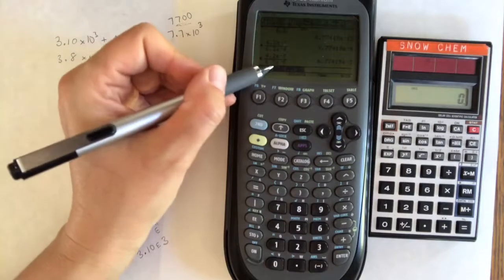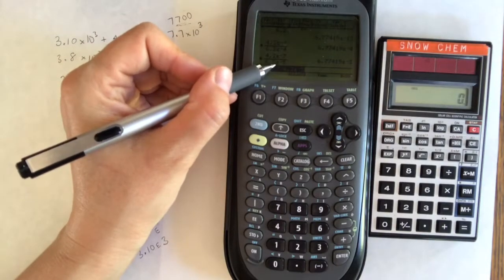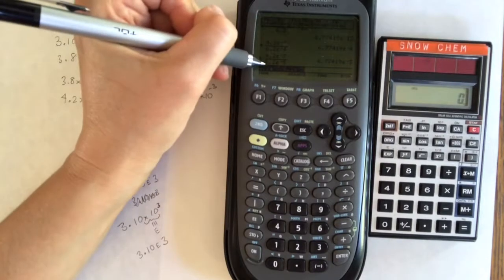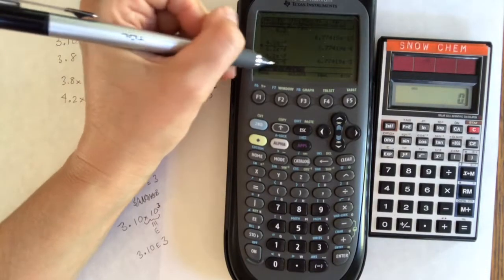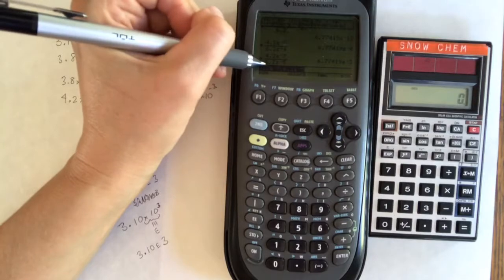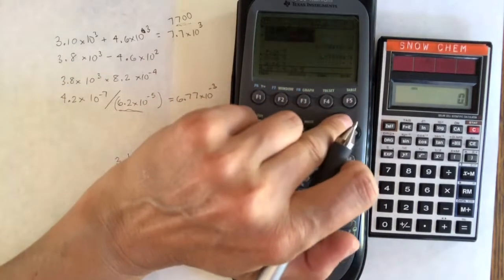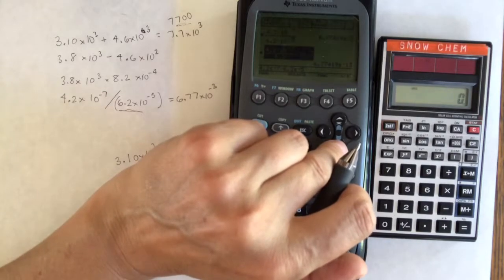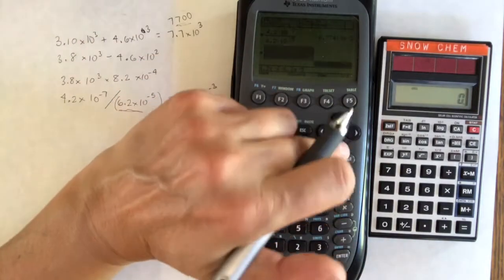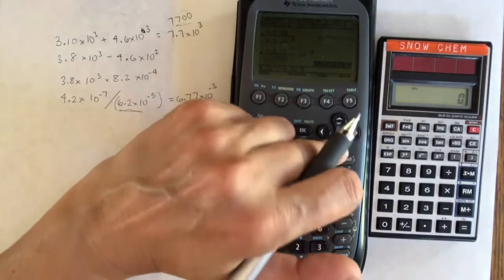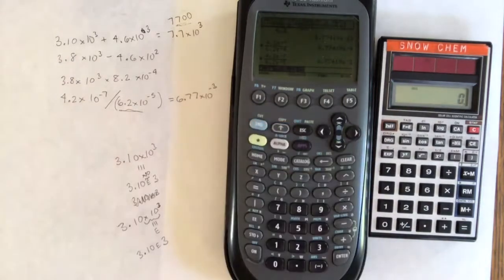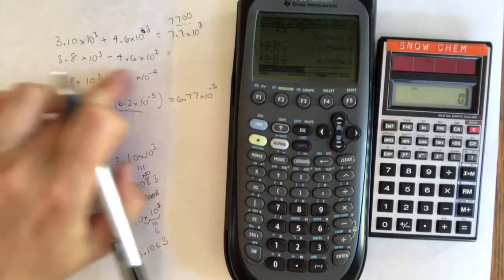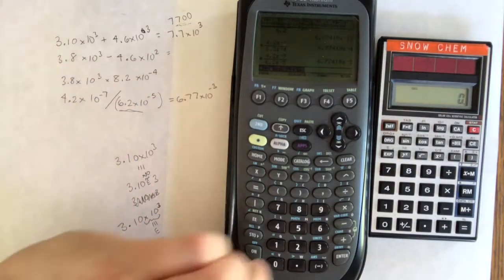When you put this number in with the E, like the exponent, it treats this 6.2 E to the negative 5 as one number. Whereas when you put it in with the 10 to the power, it treats it as two separate numbers because that's really what it is.